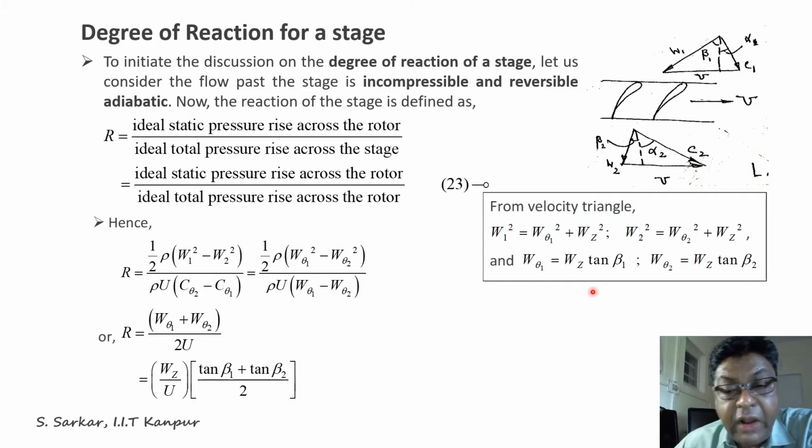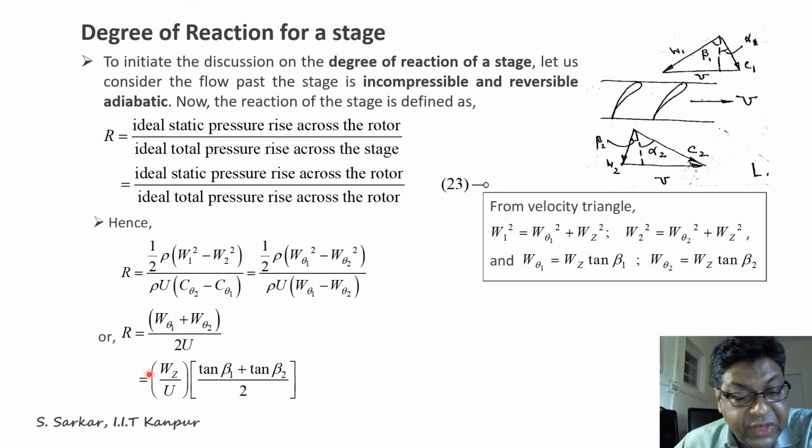So putting the value of W theta 1 and W theta 2, the degree of reaction R can be stated as Wz by U within bracket (tan beta 1 plus tan beta 2) divided by 2.